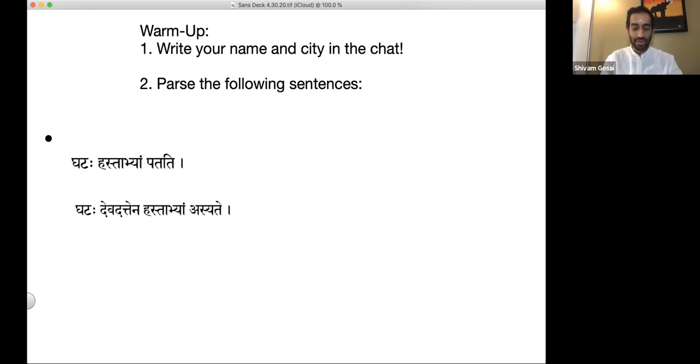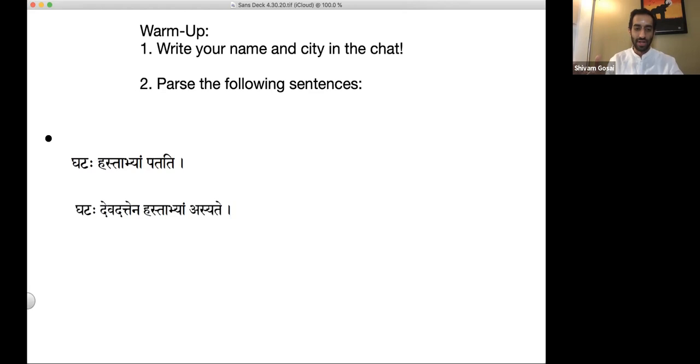If we go to the options, if it's 3-2, the pot falls with the hand. It's the instrument. No, that doesn't make sense. The pot falls for the hand? No, the hand is not the recipient of falling. But the pot falls from the hand makes the most sense, right?